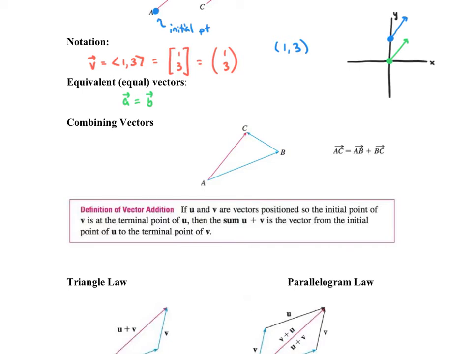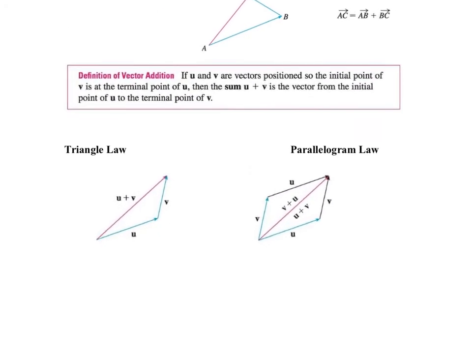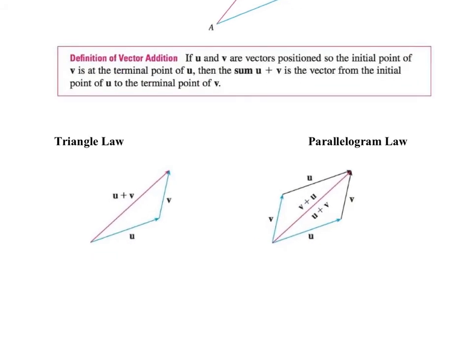This is something that I believe pretty much all of you have had in honors pre-calculus, but this is just the definition of addition of vectors. Now, with this, we have the triangle law and the parallelogram law, and again, you might have seen these before, maybe not. I don't know.